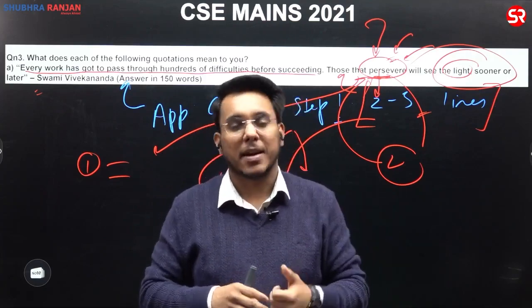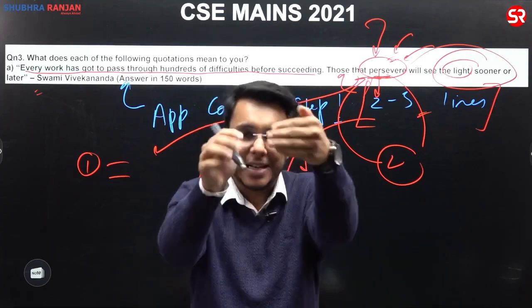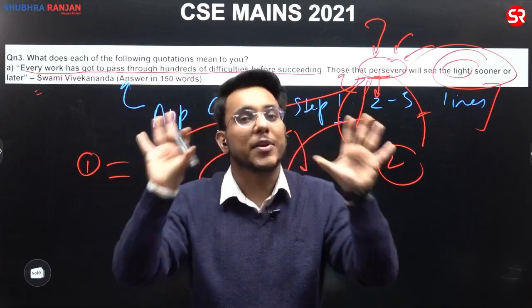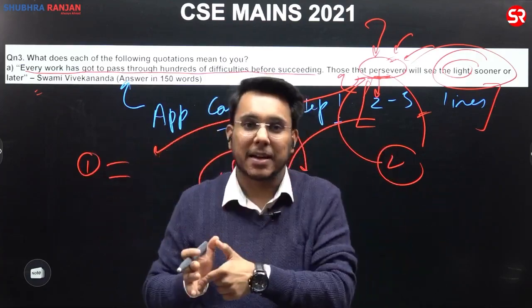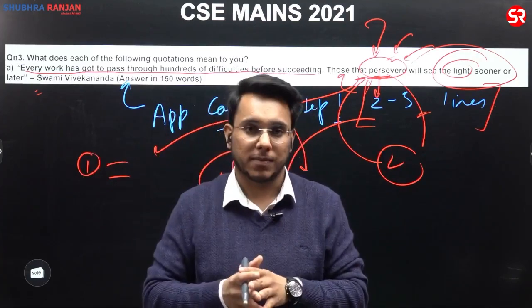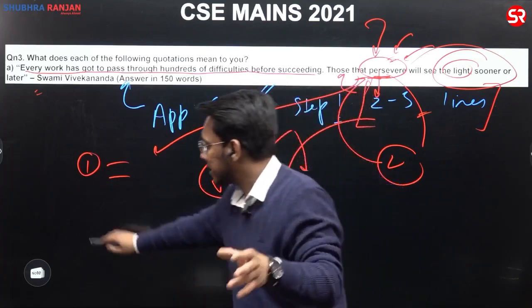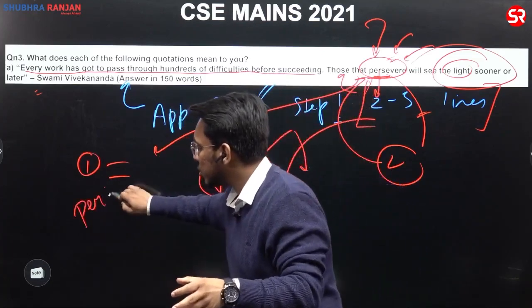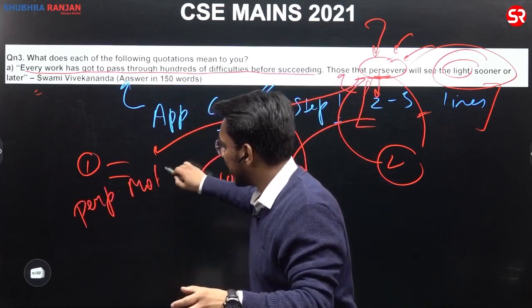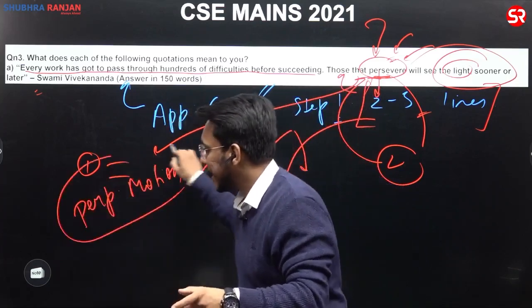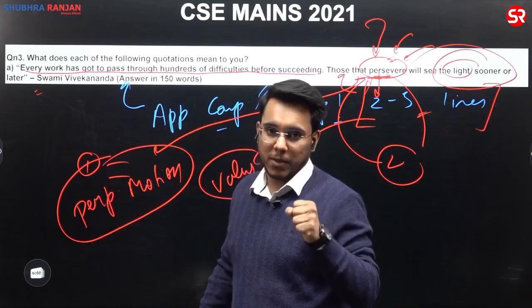In situation number one, though you might reach after a time, you will reach, that is for sure. But in the second, you will never reach, that is also for sure. So if perseverance is there, a person can maintain the perpetual motion, and this perpetual motion at the end of the day will make you reach your goal.